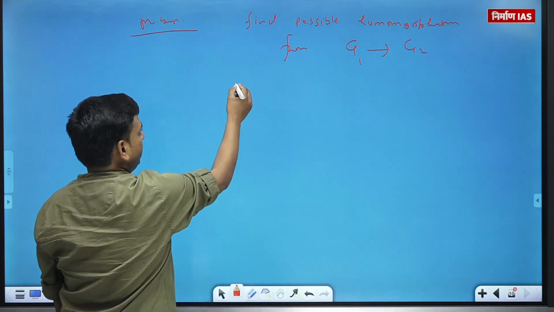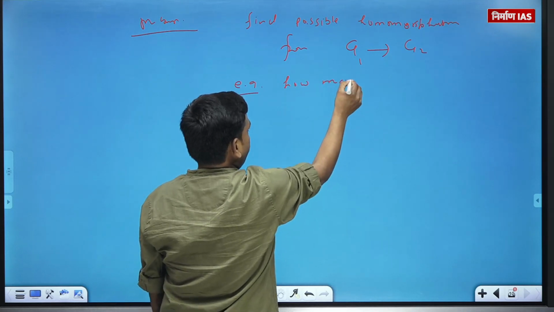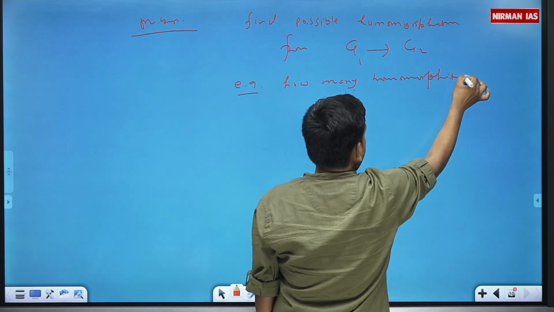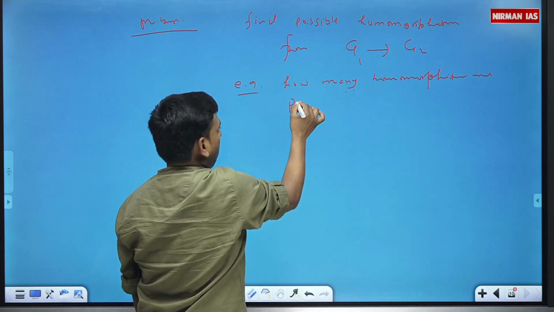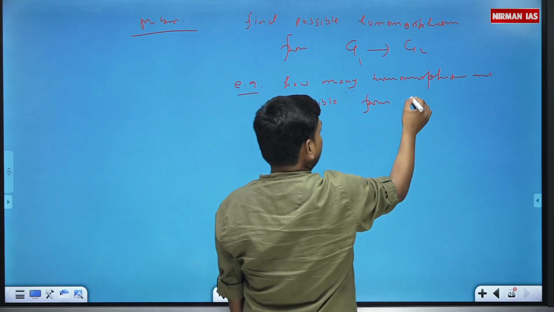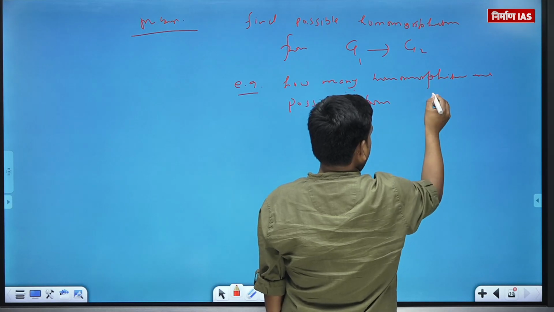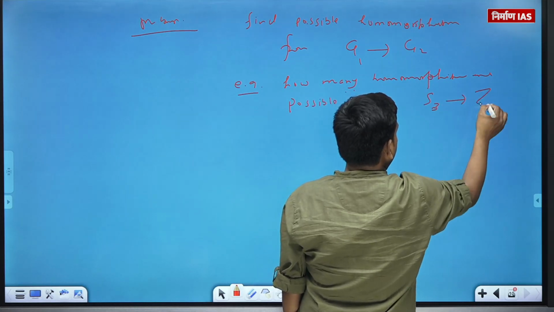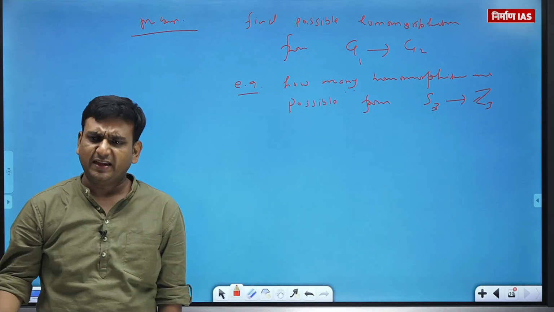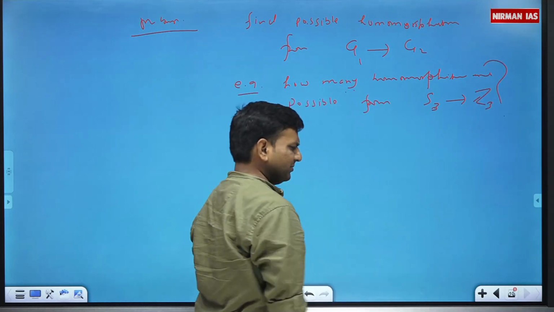For example, if somebody says how many homomorphisms are possible from S3 to Z3, like this, S3 to Z5 or whatever you wish, Sn to Zn, simple.